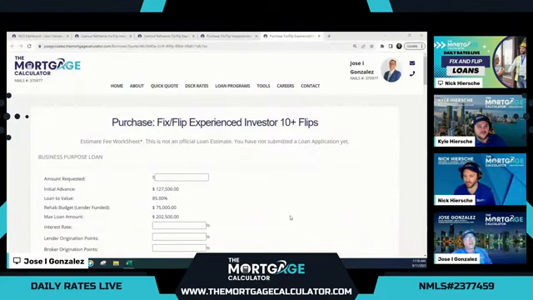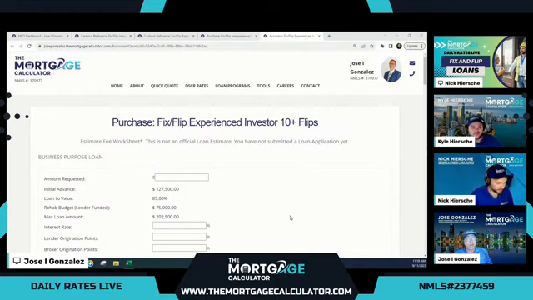Our first example, and very important to note, there is a big difference between an experienced investor and an inexperienced investor. In some cases, it means not being able to do the deal unless you have some experience under your belt.